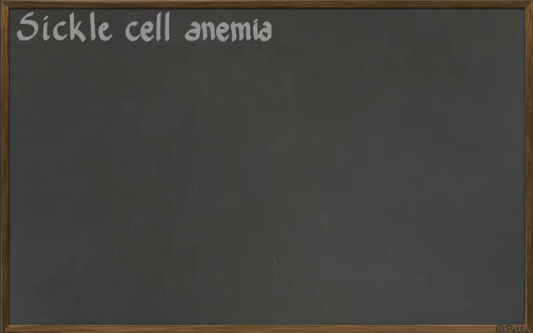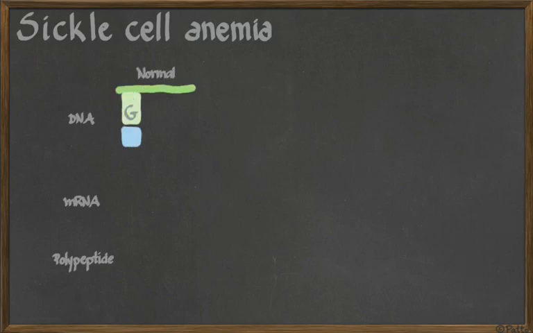Another example that you need to know, especially if you are IB biology, is sickle cell anemia. So sickle cell anemia, we have a mutation that happens specifically in the gene that produces hemoglobin B, and you have a DNA that has a GAG.